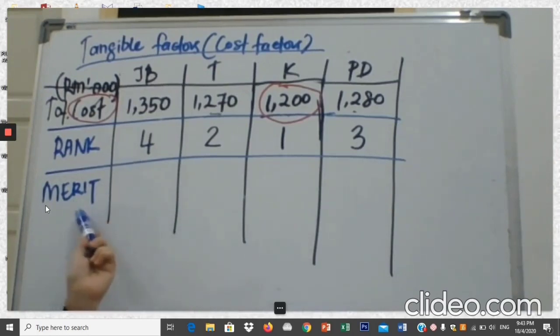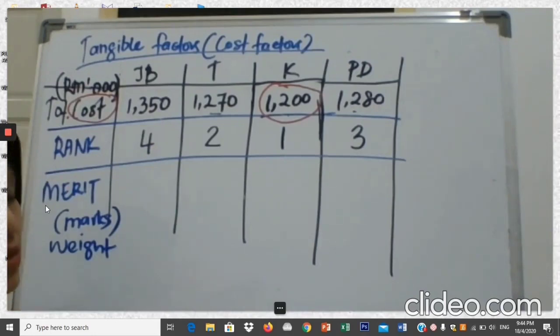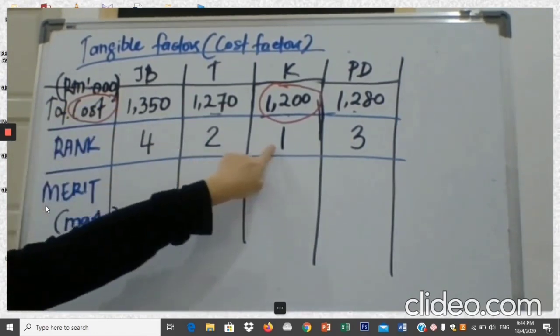After you have assigned the rank, now it is time for you to assign the merit. What is merit? Merit here means marks. The concept is the same as marks. Another name for merit is weight. Marks or merit, marks or weight, same meaning. Merit works the opposite of rank.